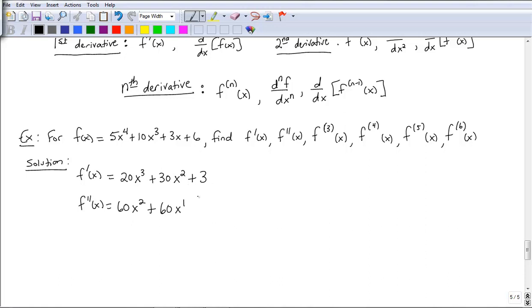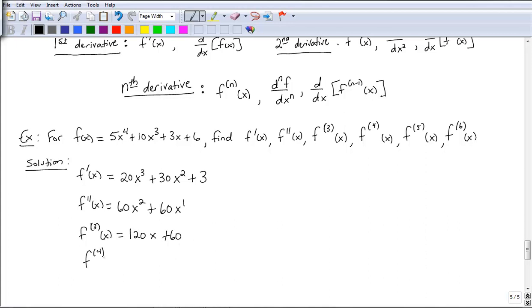The derivative of 3 is 0. The third derivative, notice we write a little 3 now because the primes get hard to read. 2 times 60 is 120, take 1 away from the power, you get x to the first. 1 times 60 is 60, take 1 away from the power, you get x to the 0 power, which just gives me 1. That's how that stays 60.